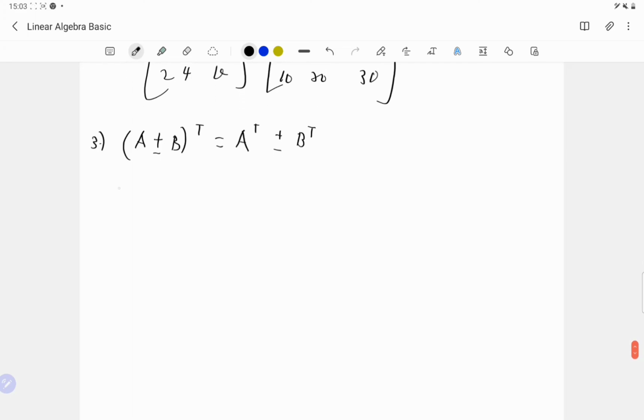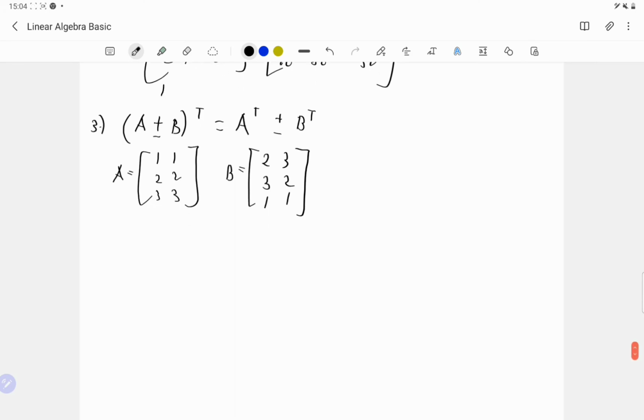Suppose we have A as 1, 1, 2, 2, 3, 3, and B is 2, 3, 3, 2, 1, 1. Let's do this first equation, A plus B. Remember that we discussed matrix addition, which is just element-wise. What is A plus B?